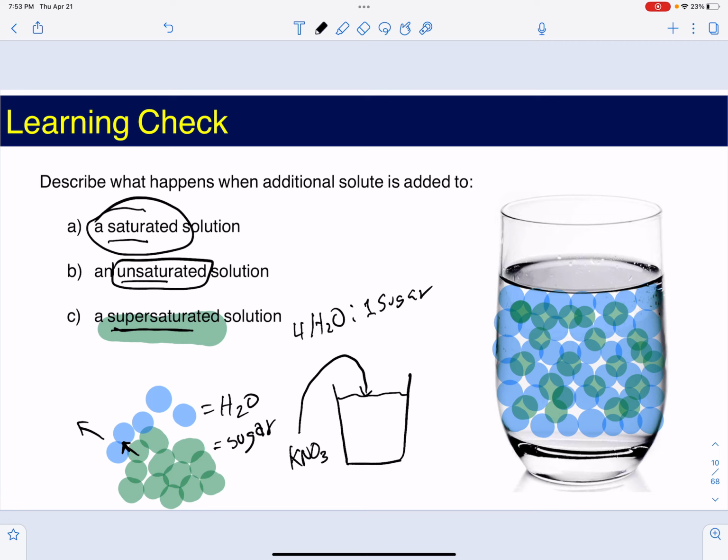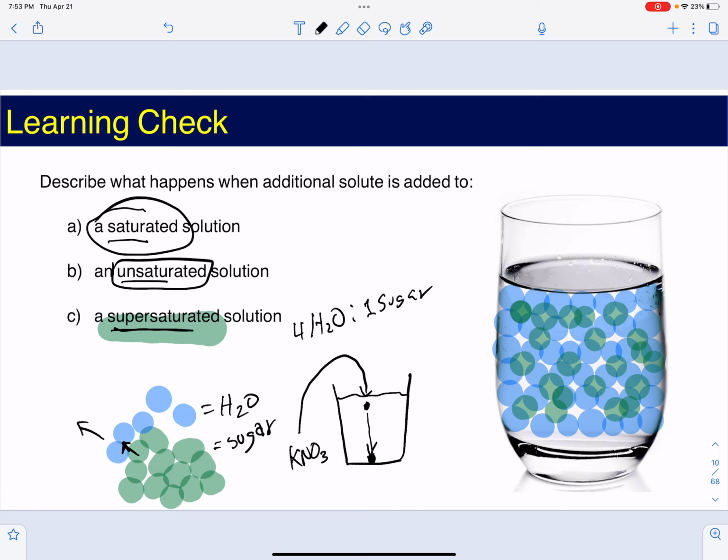The moment every single molecule of water is totally busy, the next piece of solid that I put is just gonna go to the bottom. And it's gonna stay there because it cannot be dissolved. Every single water molecule is busy. So when you have a saturated solution, you cannot dissolve any more. Whatever you put in there is gonna go to the bottom.